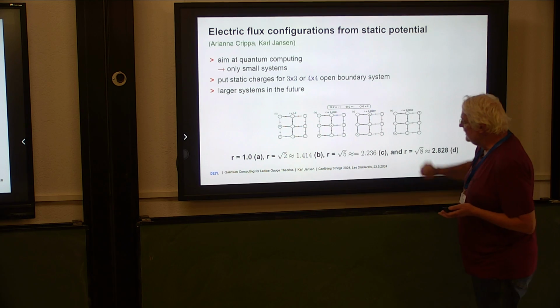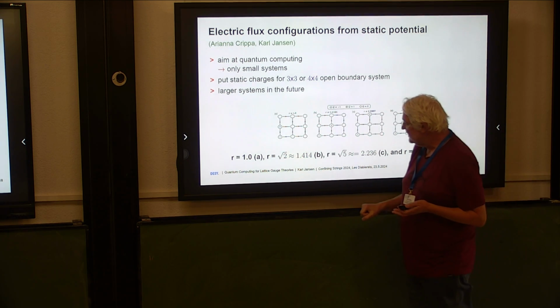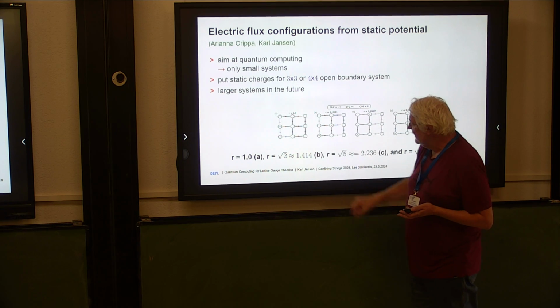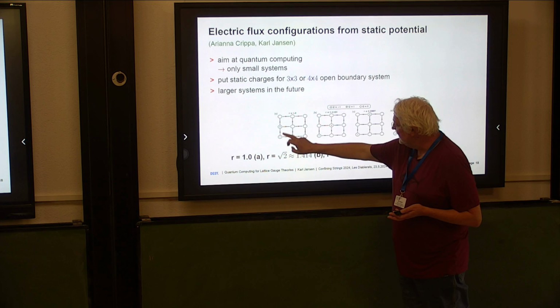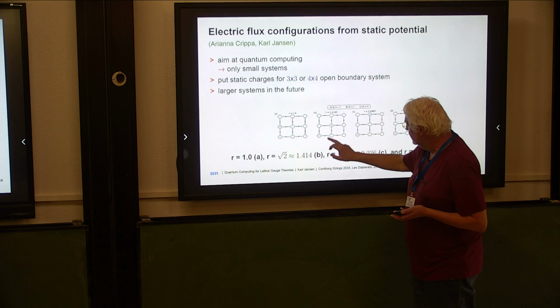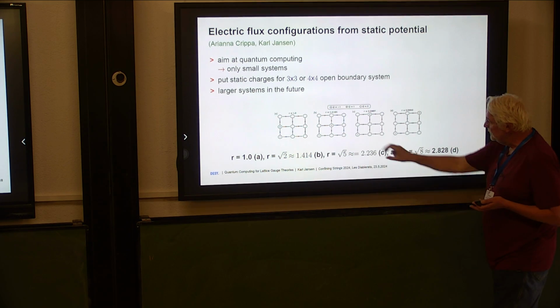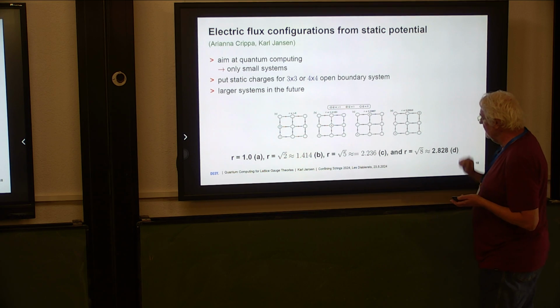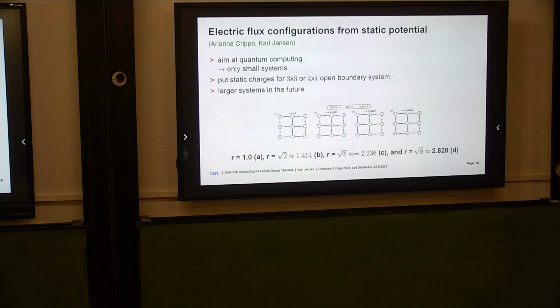In such a situation, you can have a static potential, and here the colors are really missing, where you have static charges like here and here. So you have a distance of 1, or here and here, a distance of square root of 2, or here and here. We are exploring all these distances, and we are trying to get the static potential in the different regions.